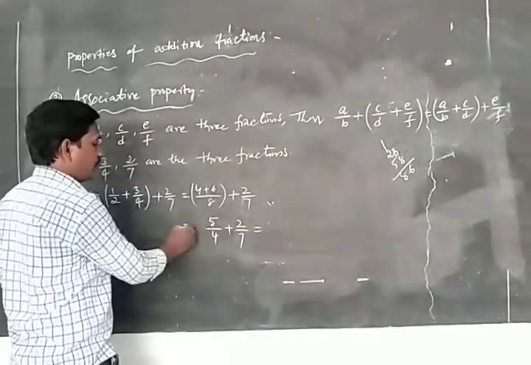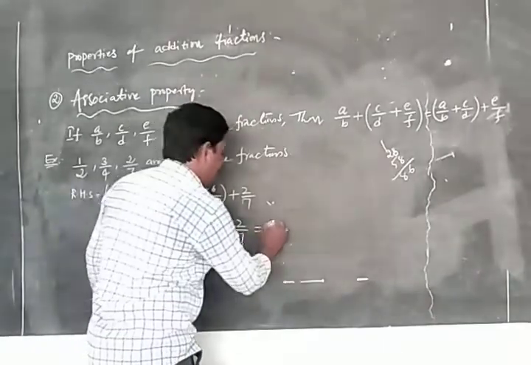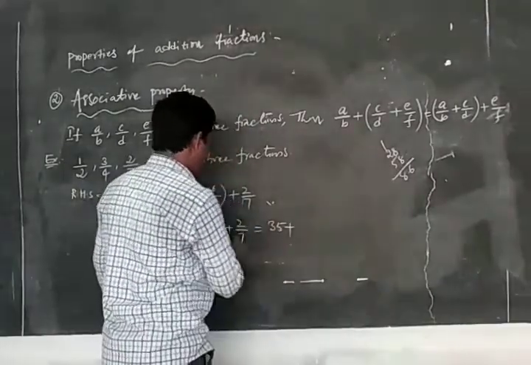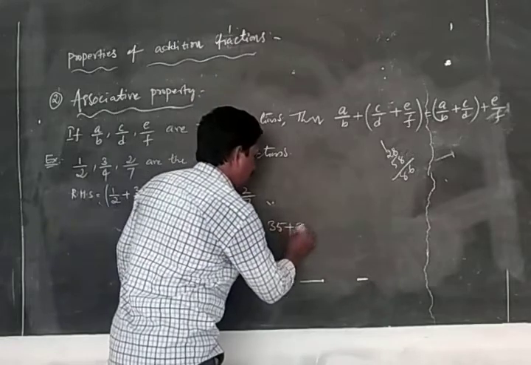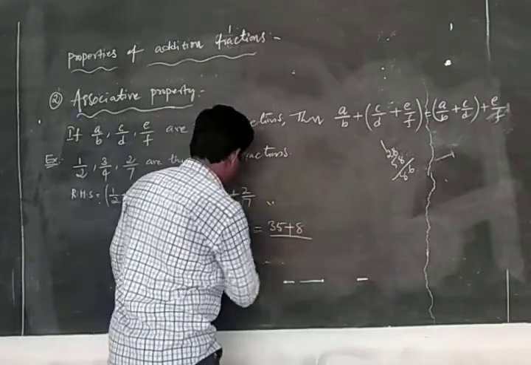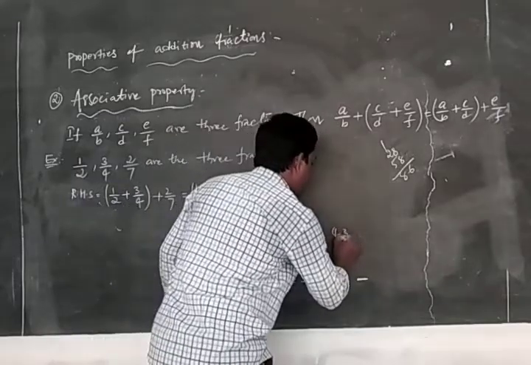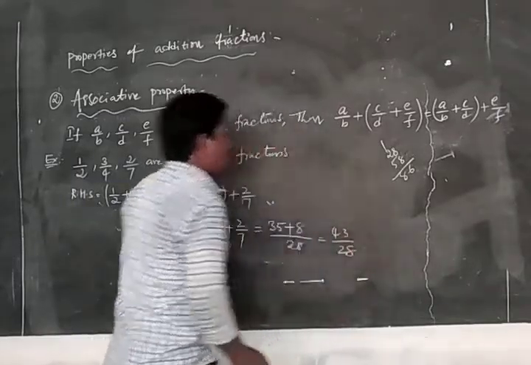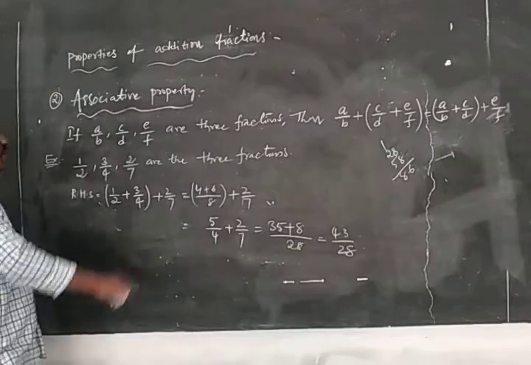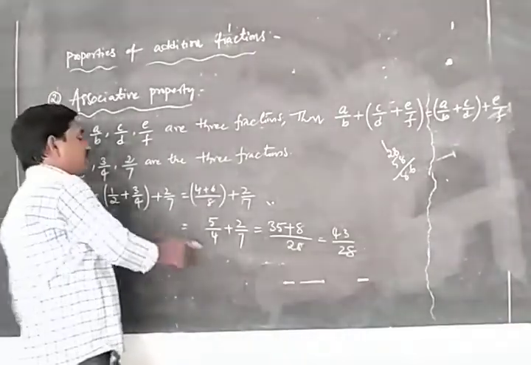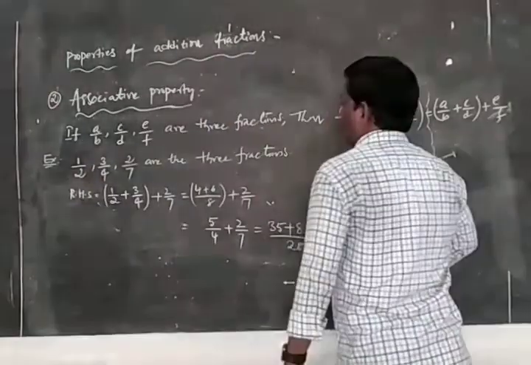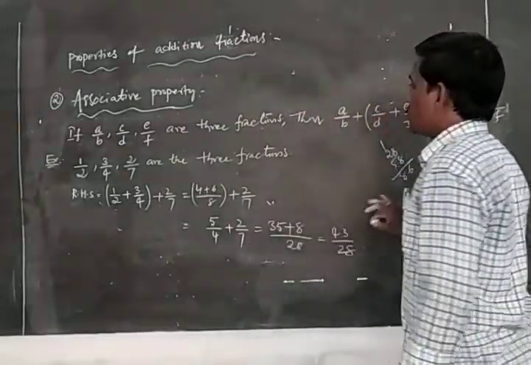Simplify. 5 7s are 35 plus 4 2s are 8, 4 7s are 28. That means 43 by 28. So the LHS value is 43 by 28, and the RHS value is also 43 by 28. So the condition is applied.